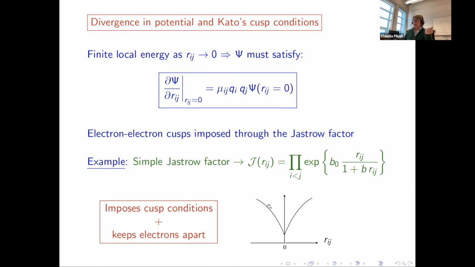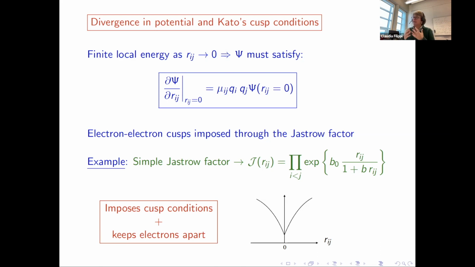So if the Jastrow factor looks, pictorially, something like that, you're imposing the cusp condition, and at the same time, this is a very short range effect. You're also pushing your electrons far apart, which, given the shape of the potential, is quite a reasonable thing to do.